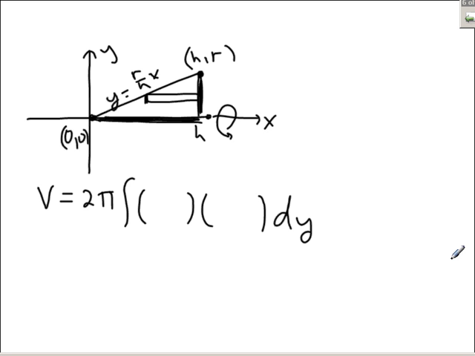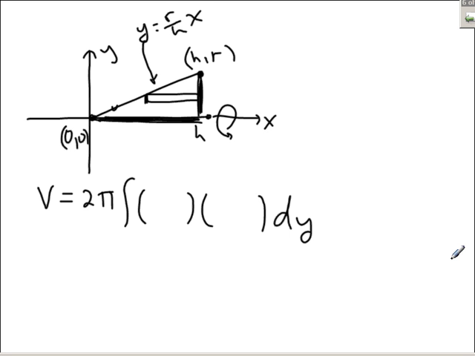Okay. Now, let me just remove this because it's in the way. Remember, the equation of that line is y equals r over h times x.